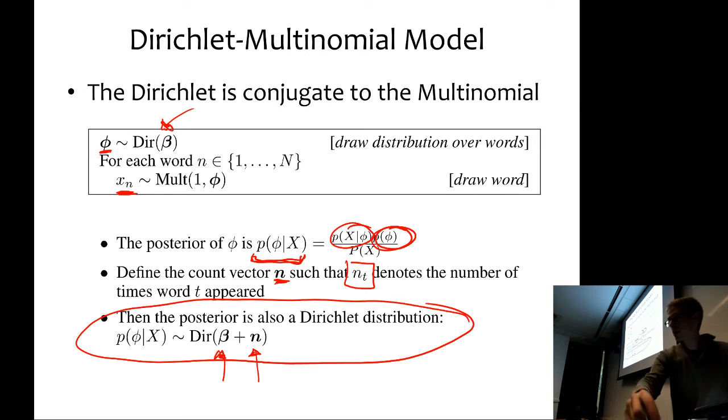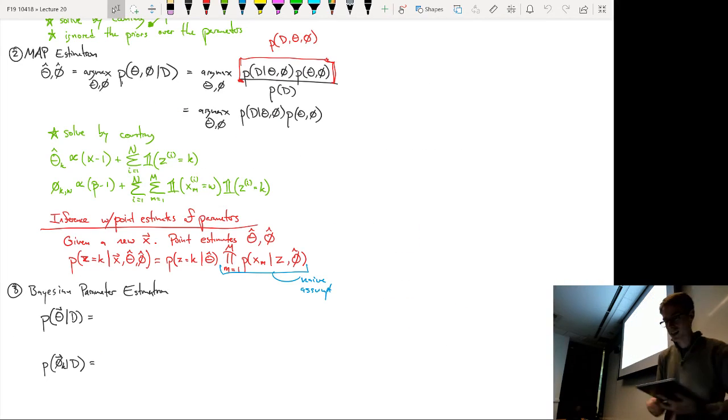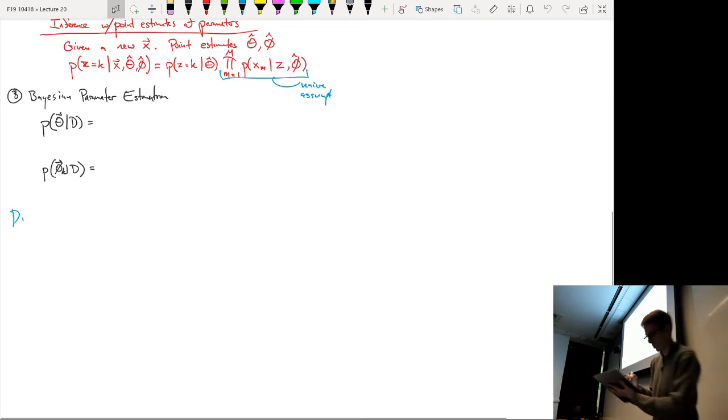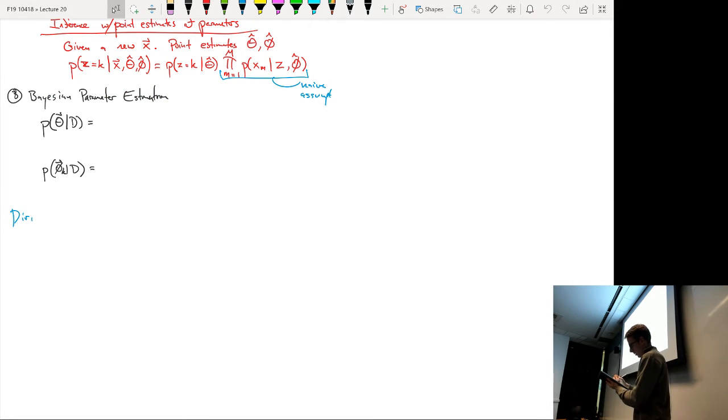Okay, so let's actually look at this particular pair of distributions and see why it is that that works out, because it doesn't usually. Okay, so what we need here is Dirichlet multinomial conjugacy.